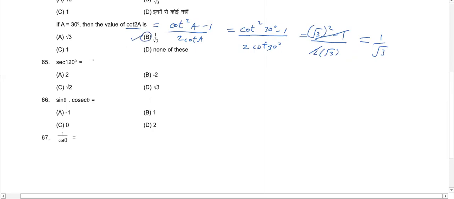Sec of 120 is the same thing as saying 1 over cos 120, which is equal to 1 over negative cos 60, which is negative 1 divided by half, which is minus 1 over 1 times 2 over 1, which is minus 2.